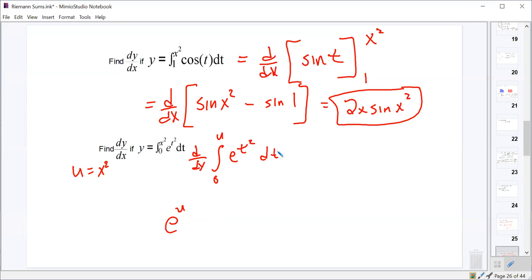And then the second piece of it is just a constant, and we have to multiply that by the derivative of u. So 2x e to the x squared.